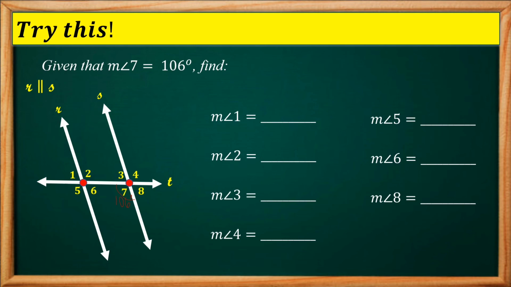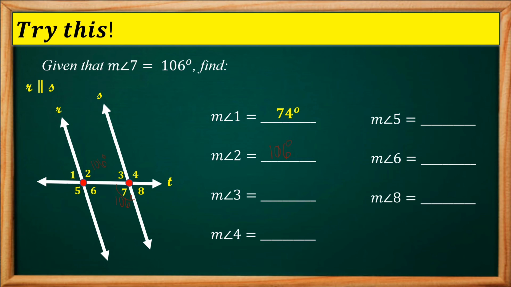Angle 7 and angle 2 are corresponding angles. Therefore, according to the theorem, since they are parallel lines, it is equal to 106 degrees. Therefore, angle 2 is 106 degrees.